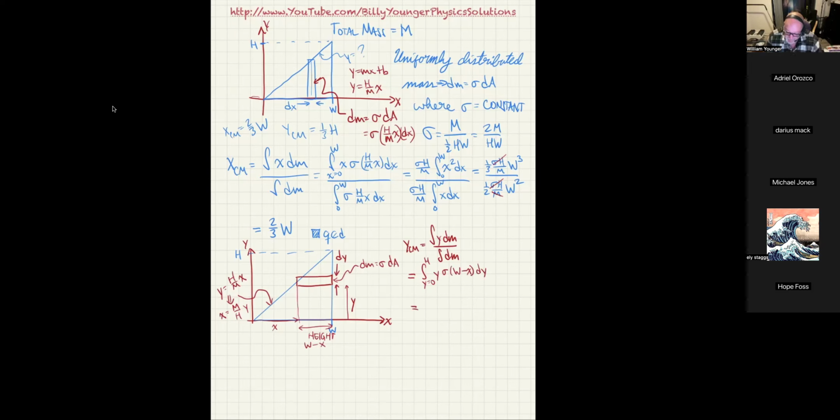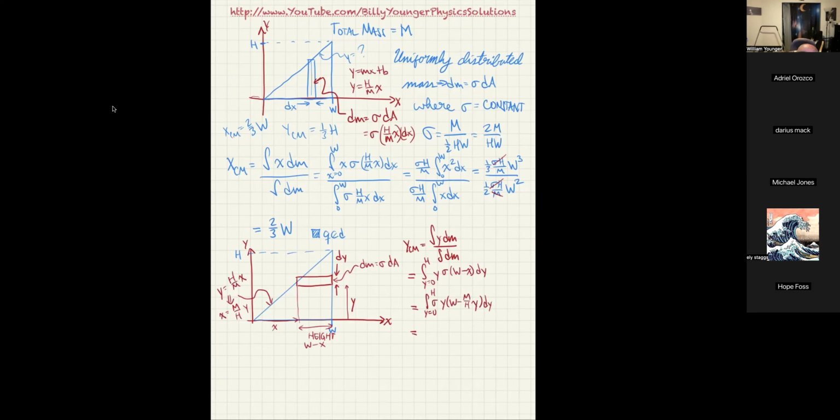Now I need x in terms of y. In other words, I don't want an x in there, and I have an expression for x in terms of y. I just did it by solving for x in the expression y equals h over m times x. So now this integral is going to become the integral from y equals 0 to h of sigma y times w minus m over h times y, times dy.